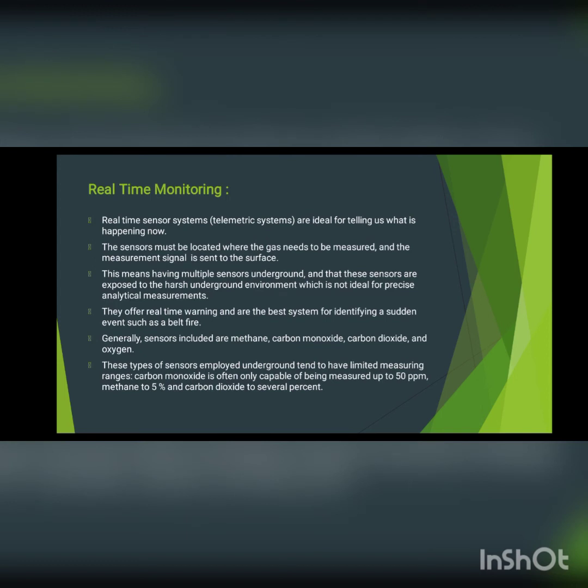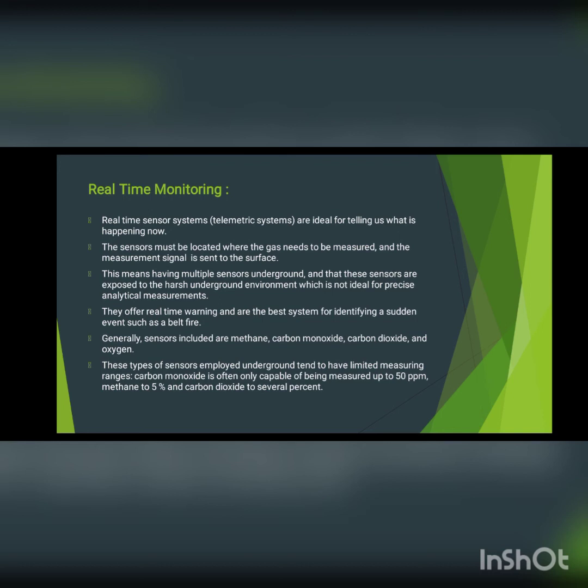Just having these things is not sufficient. We should also have real-time sensor systems for telling us what is happening now. The sensor must be located where the gas needs to be. We should also measure the gas along with these strain observations. So this also comes under monitoring.